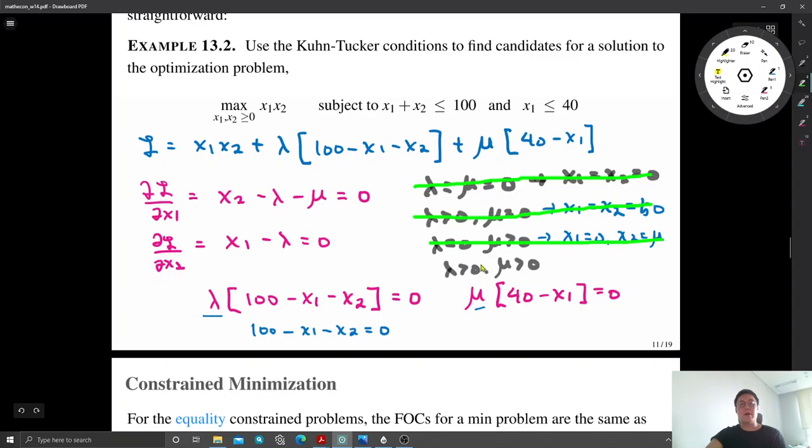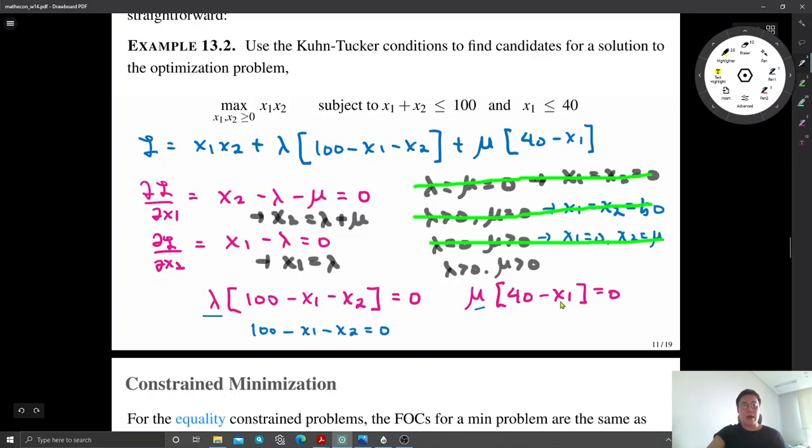So we are left with just the last case, lambda and mu both strictly positive. Then what do we get? From this equation, we know x1 equals lambda, and from this equation, x2 equals lambda plus mu. Because mu is larger than 0, by complementary slackness, x1 equals 30.